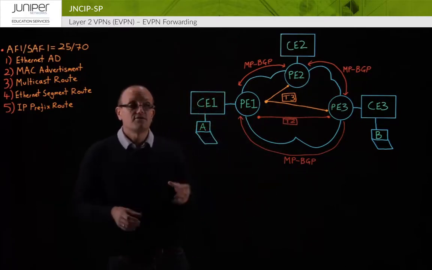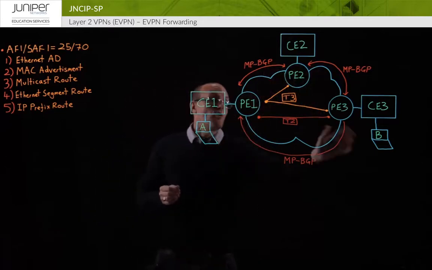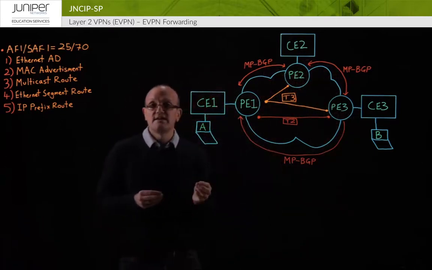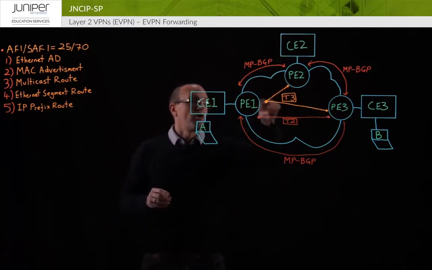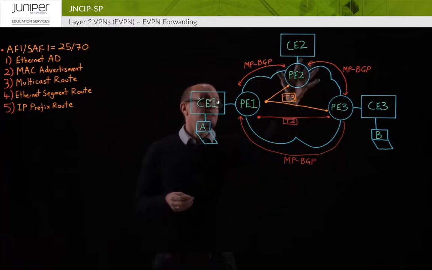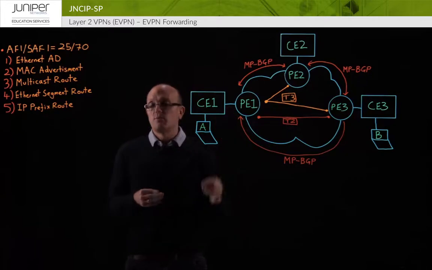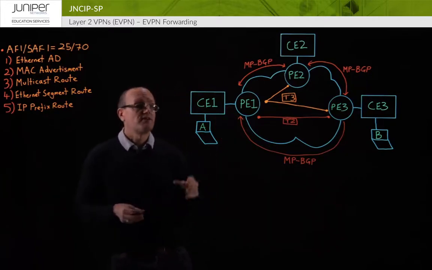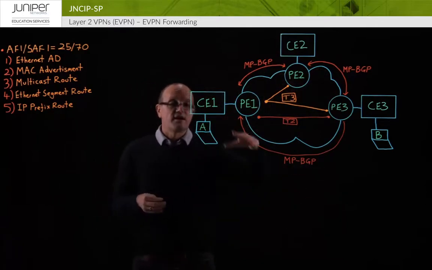And this allows PEs to then build multicast trees to all other participating PEs within that EVPN, as illustrated by this orange link here. PE1 has a multicast tree built to PE2 and PE3. So that allows PE1 to flood traffic to all other destinations within the EVPN.